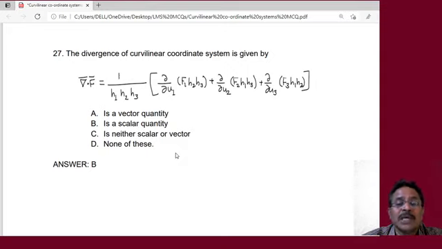Similarly, the last term is del upon del u3 into f3, the third component of the vector point function, into h1 and h2, which are the scale factors of the first and second direction. So this is the expression for the divergence of any vector point function in the curvilinear coordinate system.